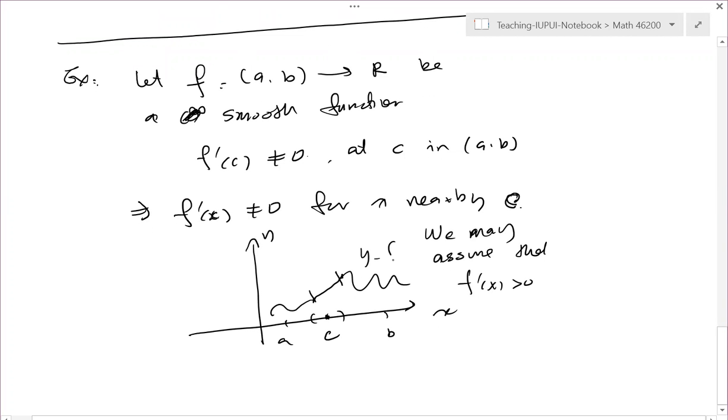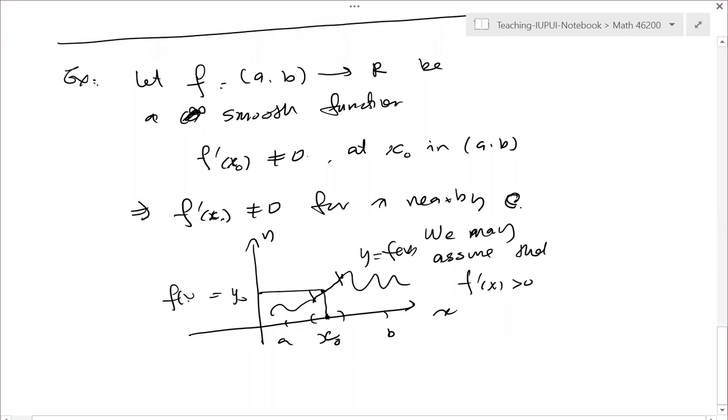So this is y equals f(x). Maybe let's use x naught. So that's the point, and that is y naught.